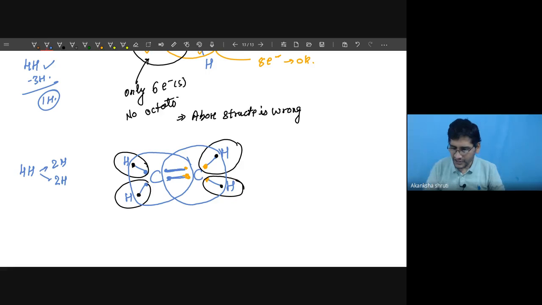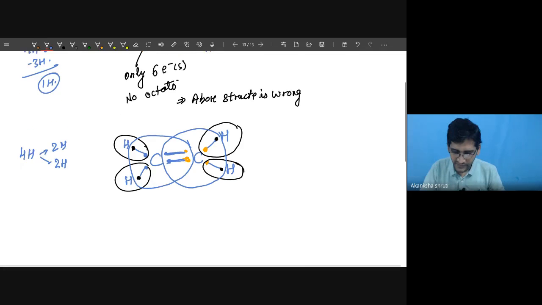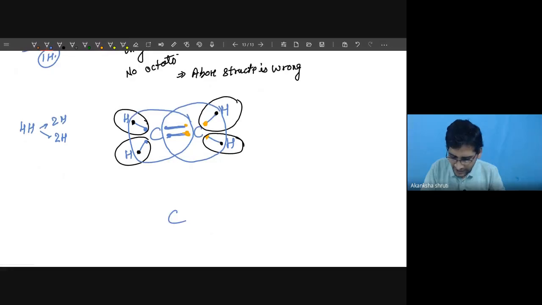The structure is like this: between carbon and carbon there is a double bond, and hydrogen and hydrogen on each carbon. So in this case we are observing each carbon has 8 electrons, means it's okay.